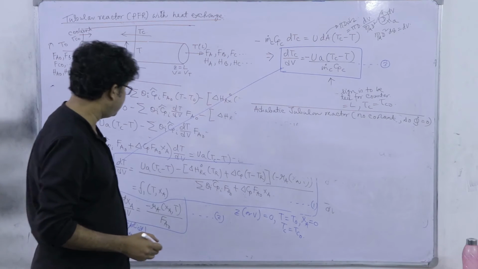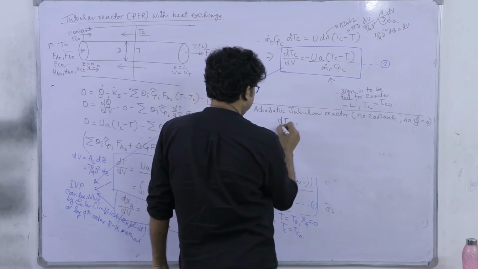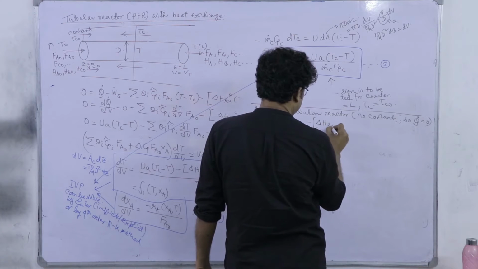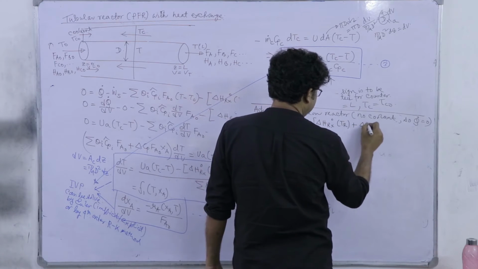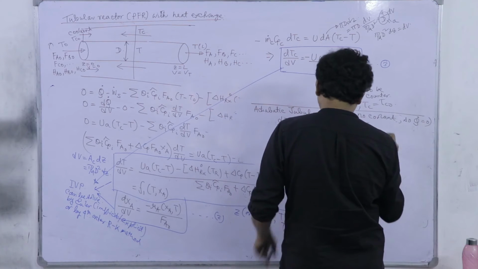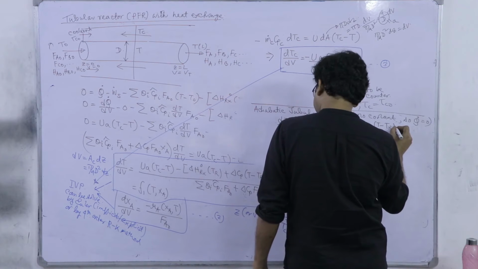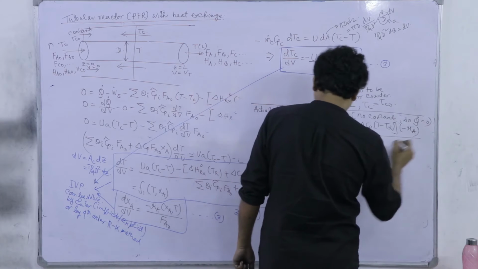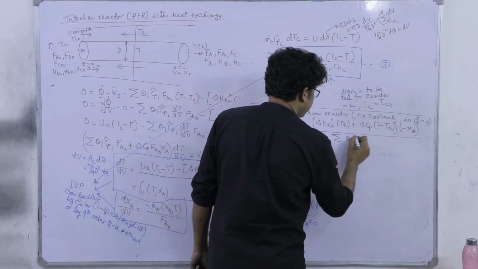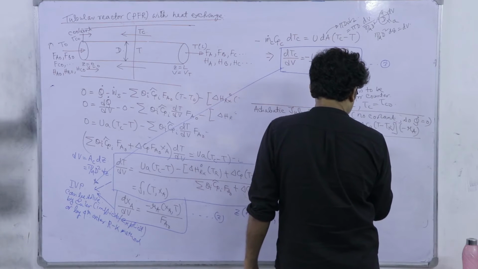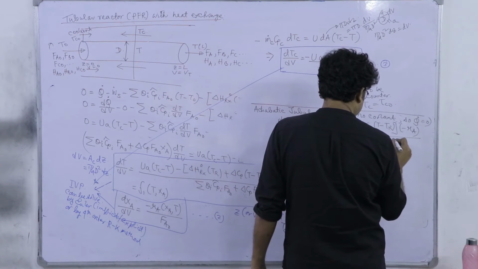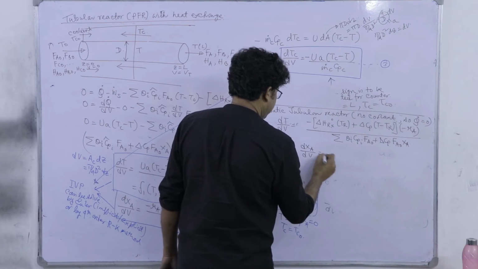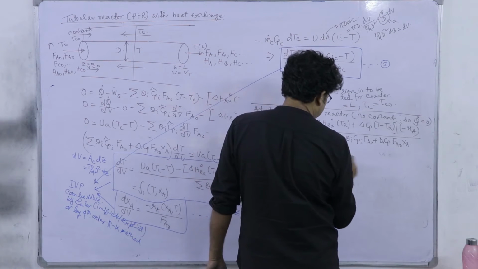We will have dT/dV equal to minus of delta H Rx naught at Tr plus del Cp into T minus Tr, into minus Ra, divided by summation of theta i Cpi into Fa naught plus del Cp into Fa naught into Xa, and additionally we will have dxa/dV equal to minus Ra by Fa naught.